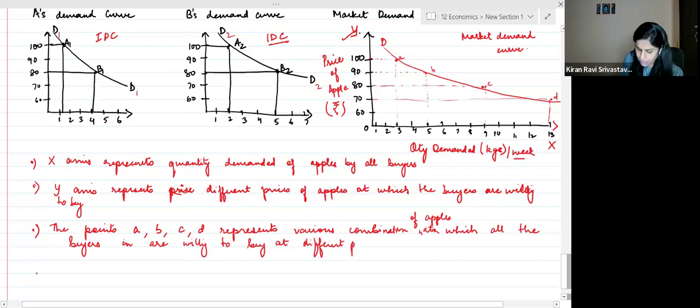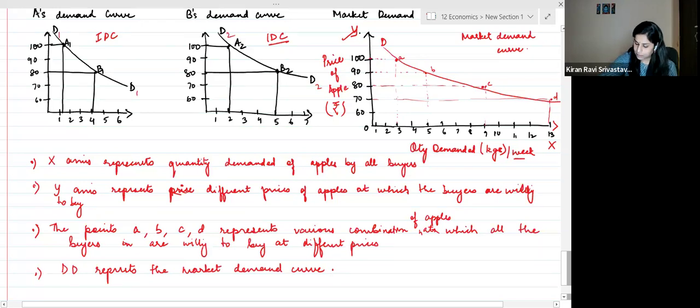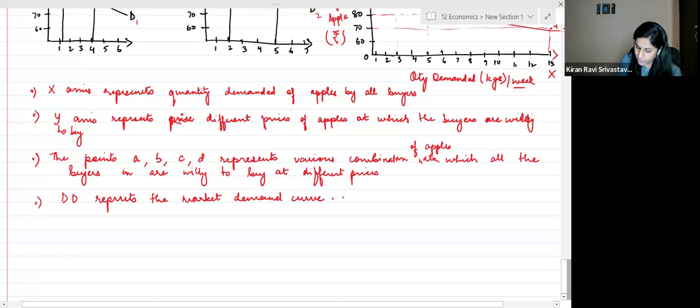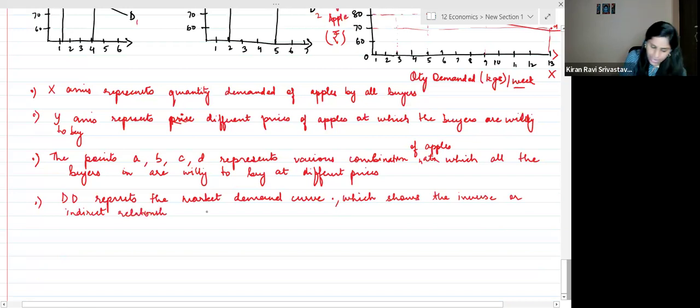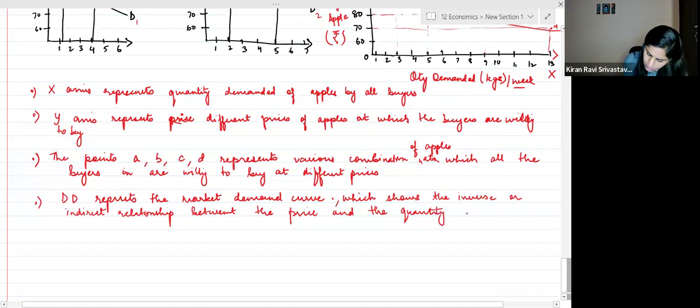And the last point: DD represents the market demand curve, which I can further elaborate, shows the inverse or indirect relationship between the price and the quantity demanded.